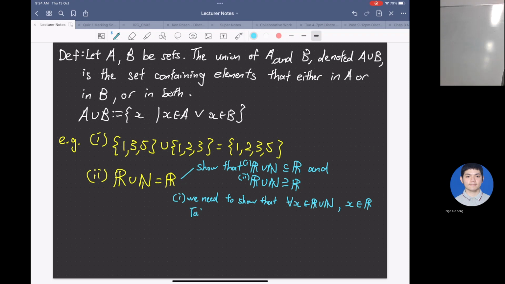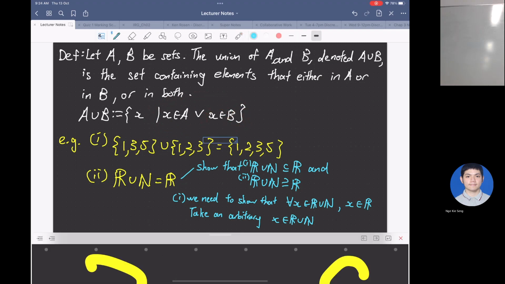So to show this, you need to take x in R union N. So by definition, x is either in R or in N, right?